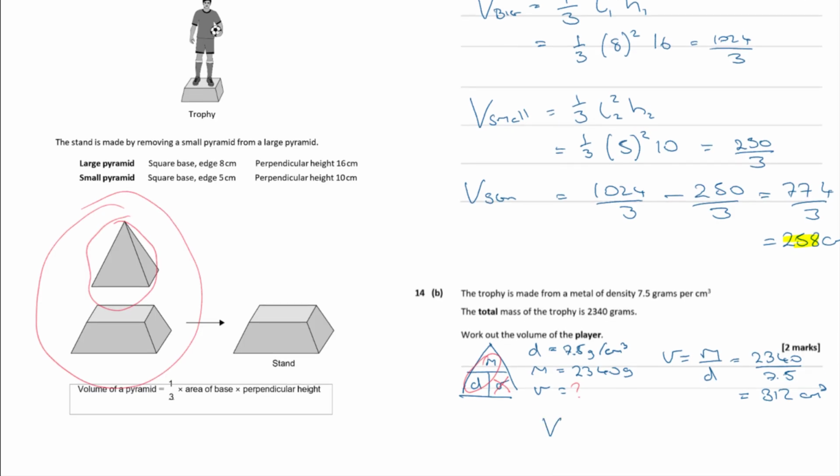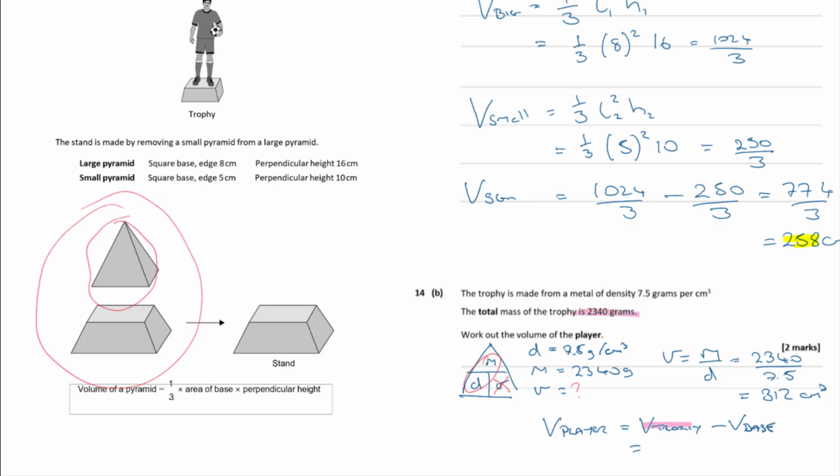So the volume of the player is going to be the volume of the trophy minus the volume of the base.